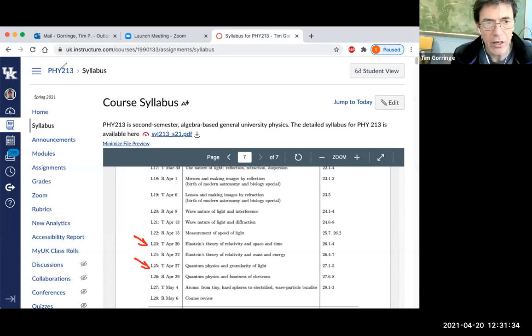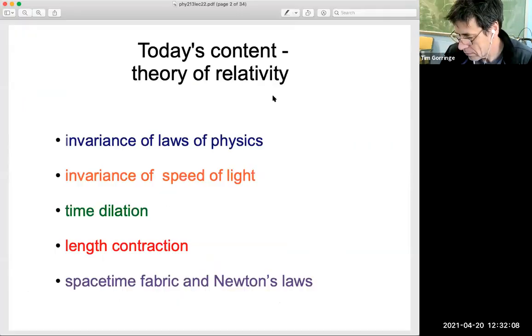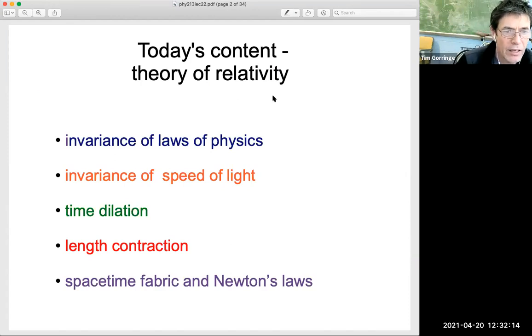Okay, so let me go to my slides for today's class, if I can do that. And so here's the content for today. I'm going to start by talking about the foundations or the bases of Einstein's relativity.